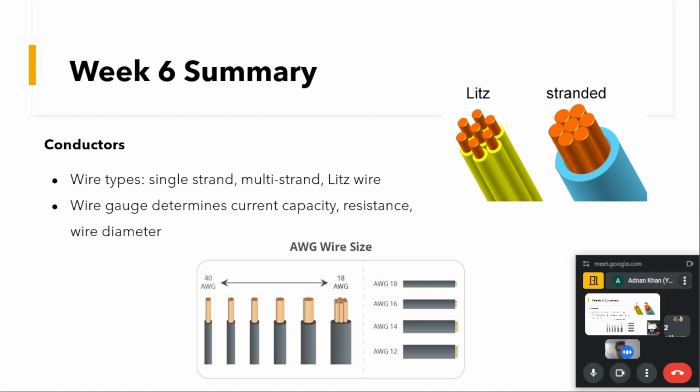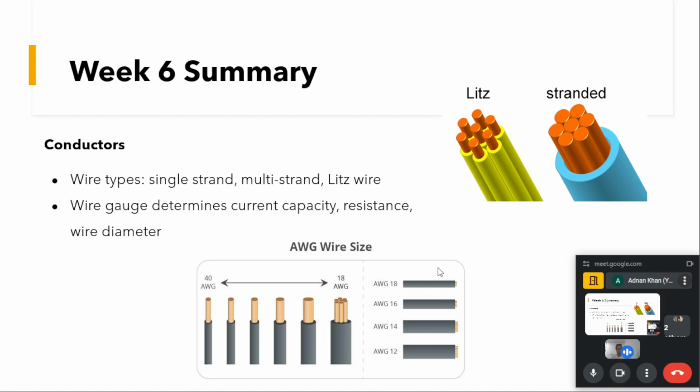For a particular wire gauge, the smaller the gauge number, the larger the wire diameter, which means the area of cross section is higher, which means the resistance offered by that wire will be less compared to a wire with a higher gauge number.